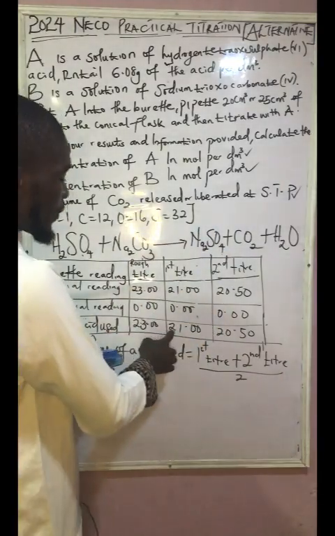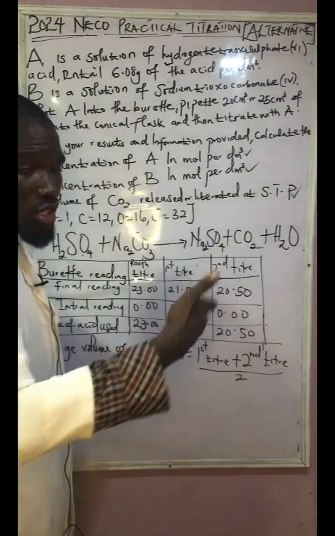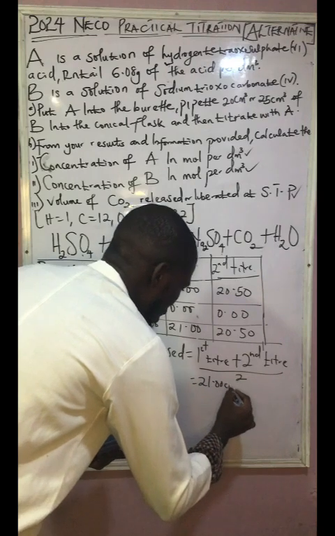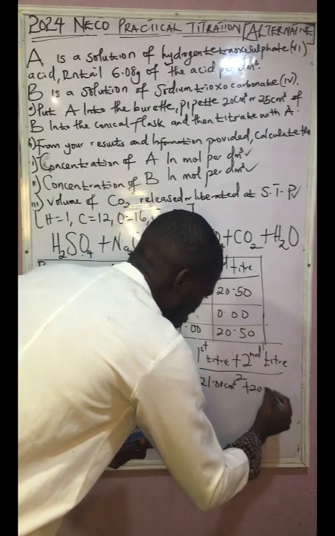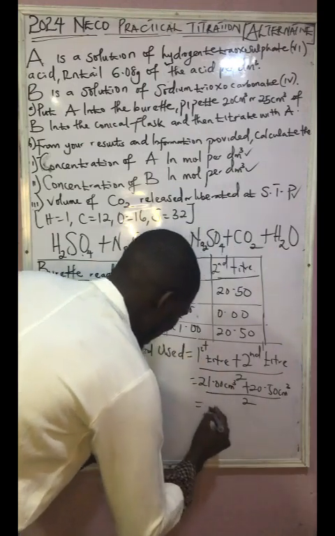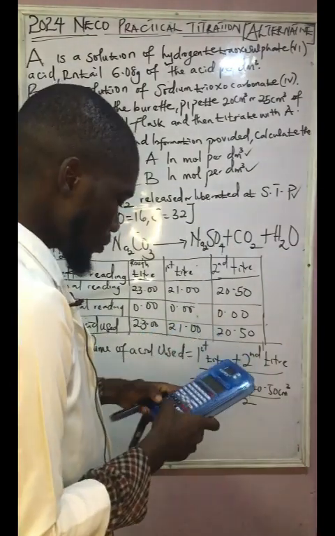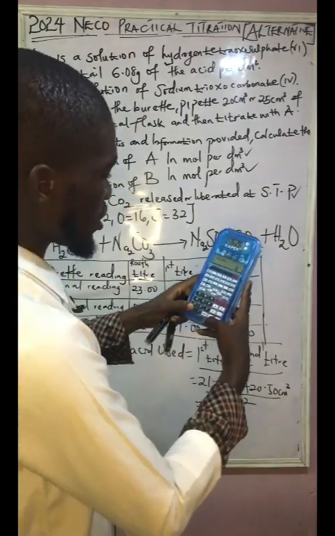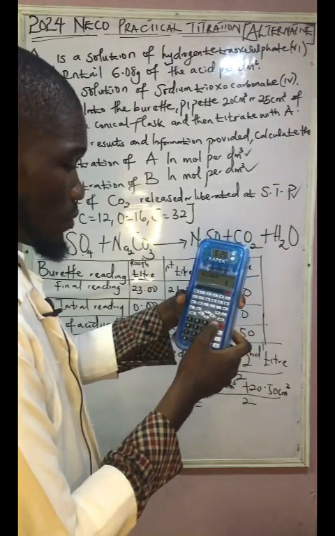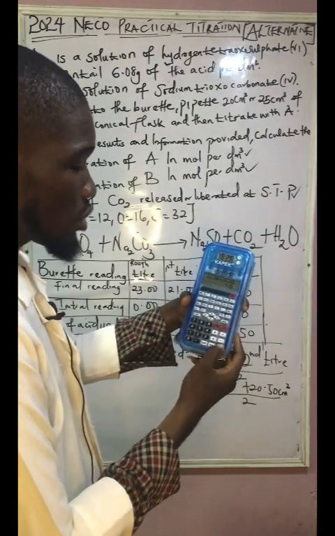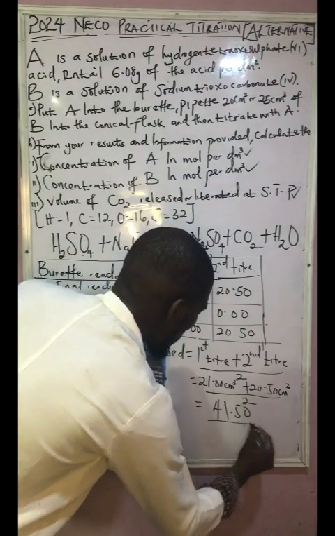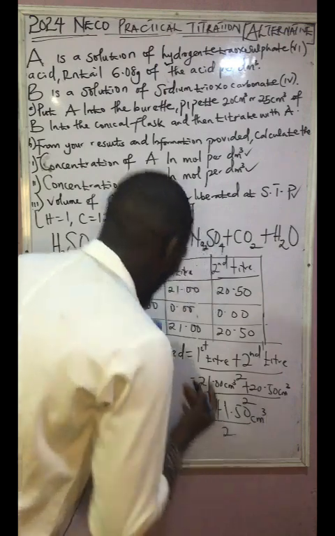If you check this, the difference between this and this is 0.5. It is concordant. So you can say we have 21.00 cm cube plus 20.50 cm cube, which gives 41.50 cm cube, divided by 2.